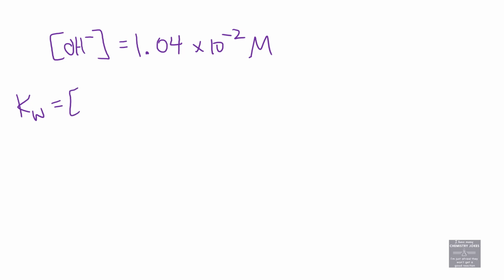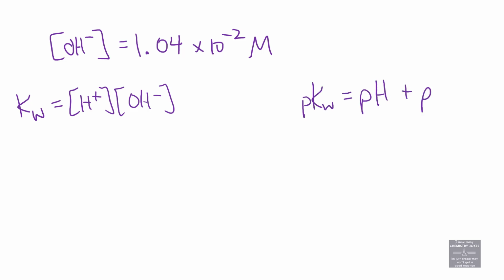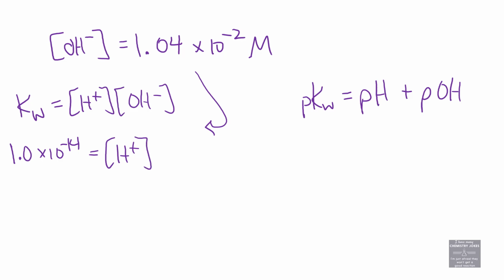We know two things. Kw is equal to H+ times OH-. We also know that pKw is equal to pH plus pOH. So I can do it this way. 1.0 times 10 to the negative 14 is equal to H+ times 1.04 times 10 to the negative 2.